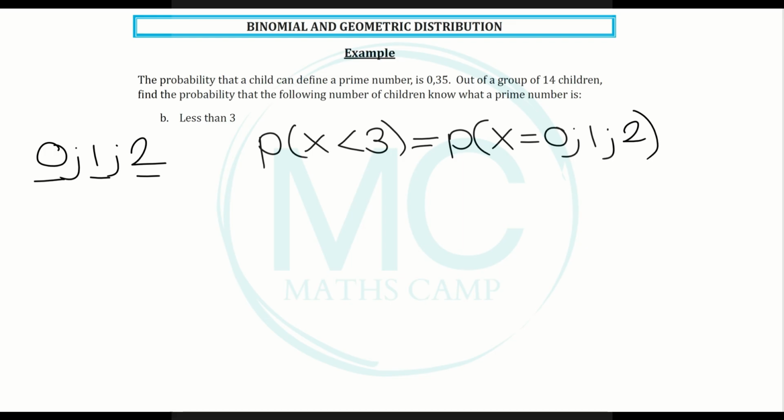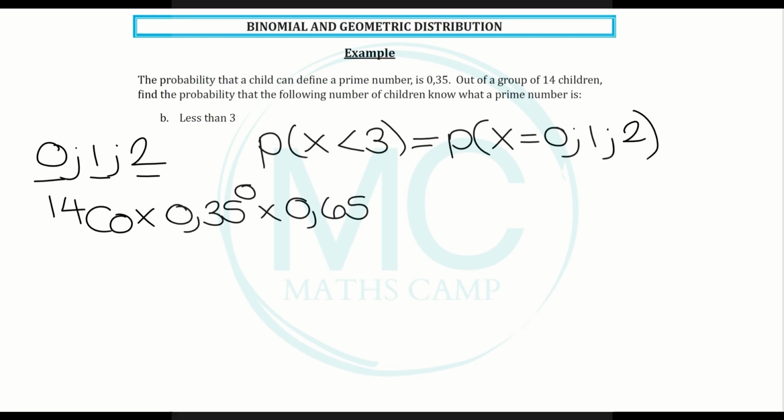I have nCr, so this becomes 14C0 multiplied by p, 0.35 with an exponent of 0 multiplied by q, 0.65 with the exponent of n, which is 14, minus 0, which gives me an exponent of 14. But please remember that when working with nCr, if you have an r value of 0, nCr is 1.